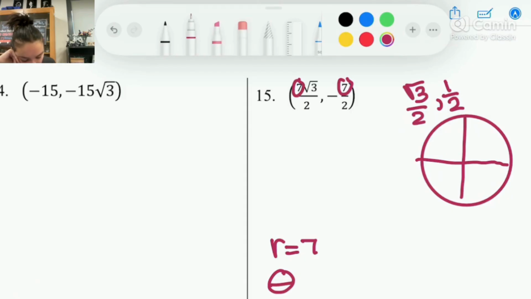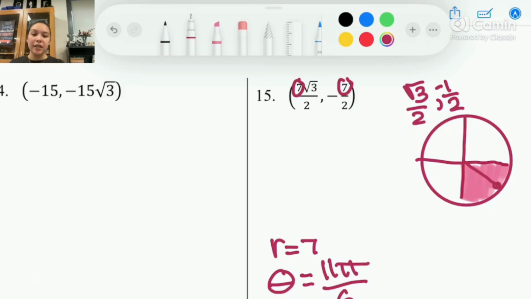If you look at square root of 3 over 2 and negative 1/2, the only possible quadrant it can be in is this one here. And so you know that your theta is going to be about right here, and that's going to equal 11 pi over 6. And that's it.